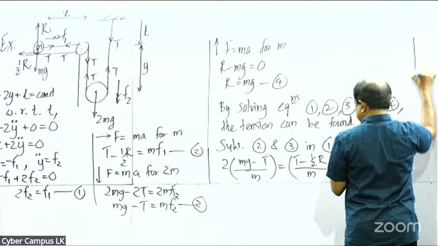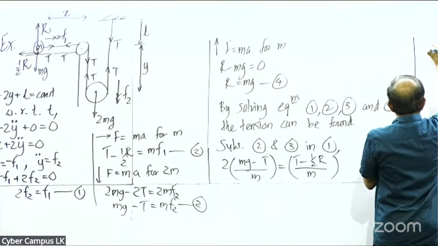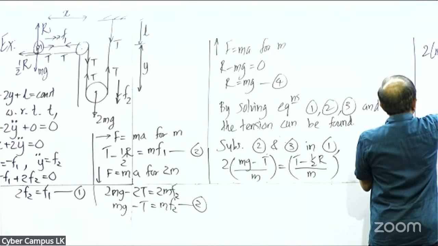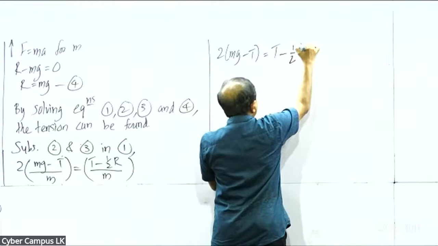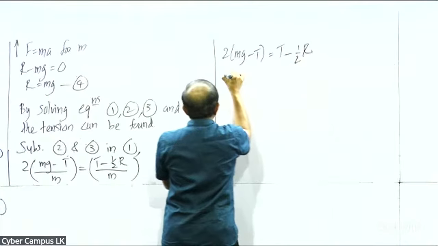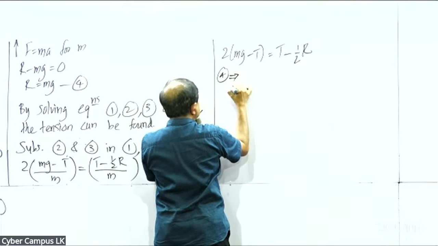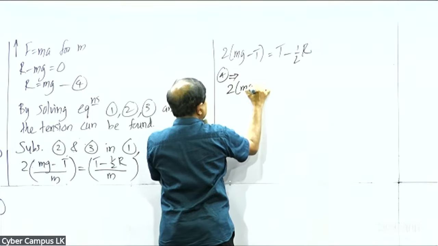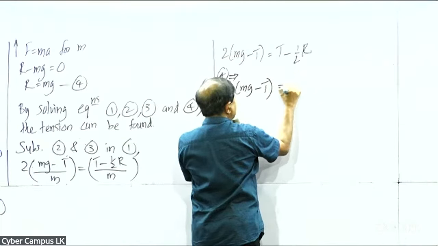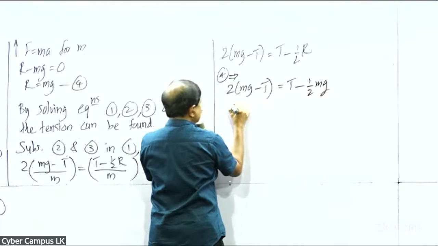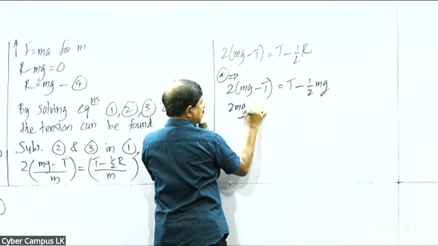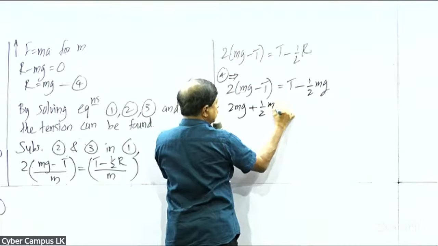You can multiply the entire thing by m. Now R can be replaced by mg. Now you have 2mg plus half mg.